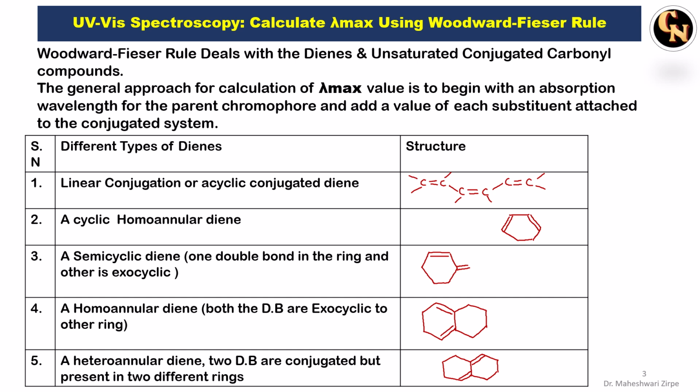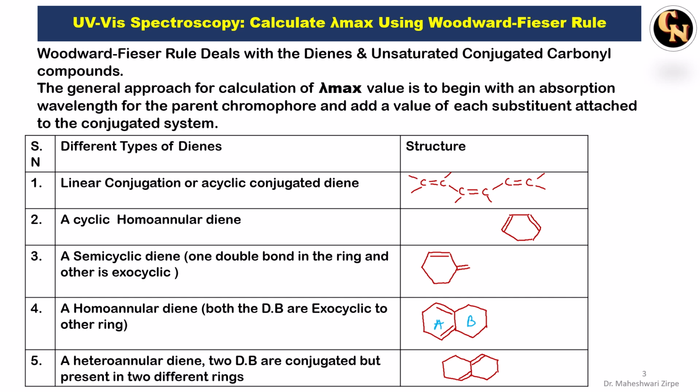One we can call ring number 1 or A ring and the other B ring. So for B ring, these two double bonds are exo. Whereas for A ring, they are homoannular diene. This is how we can differentiate the dienes.